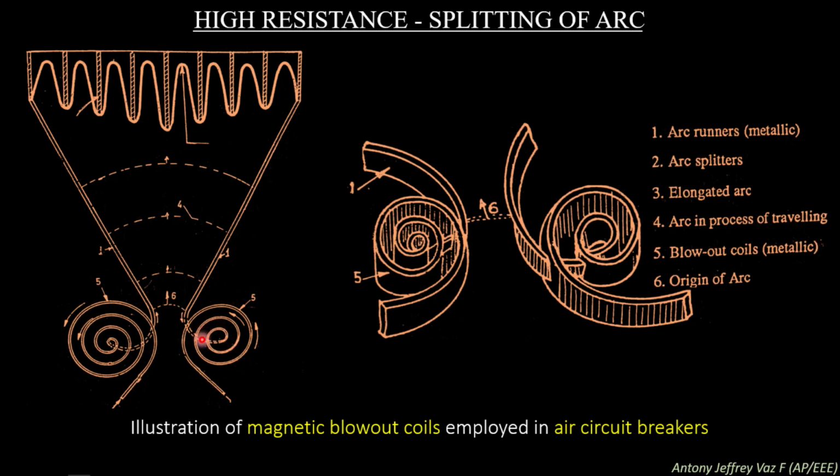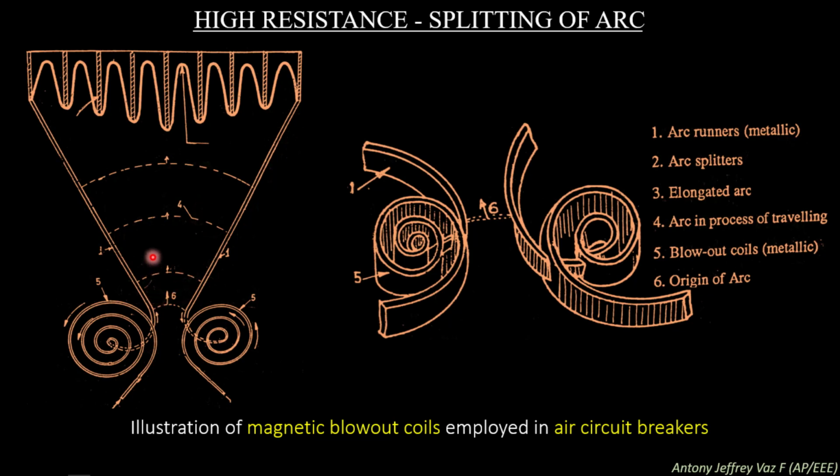You can see the magnetic blowout coils here, and the V-shaped blades which are connected to the contacts are shown here. The arc will be initially struck at this position 6. Afterwards, the blowout coil will be energized so that the magnetic field makes the arc tend to move upwards.